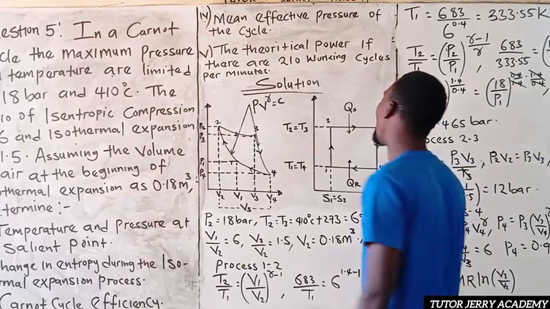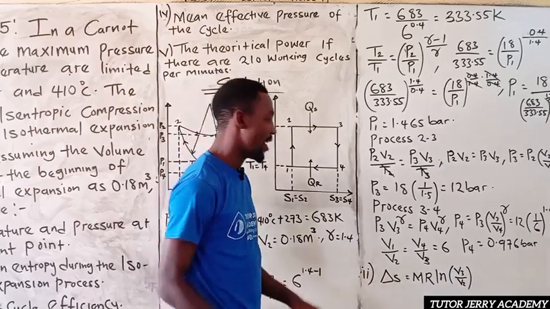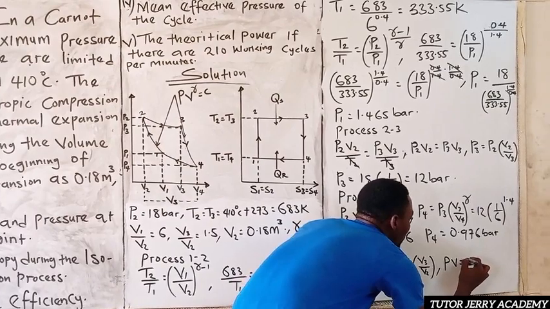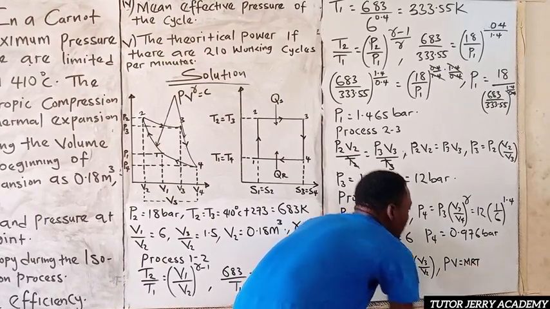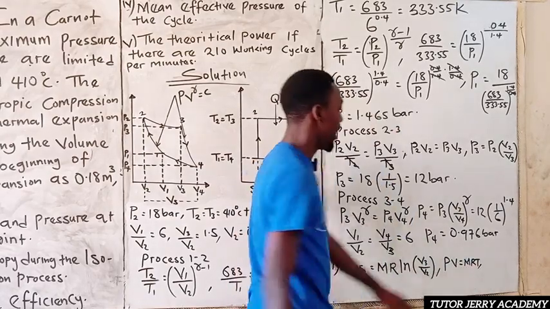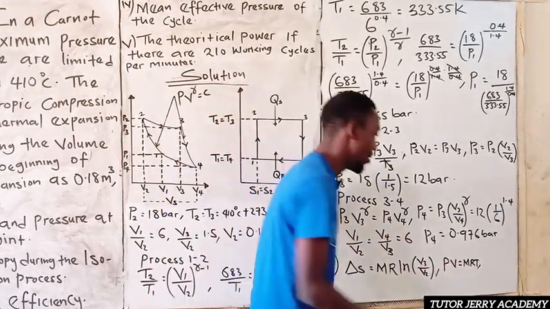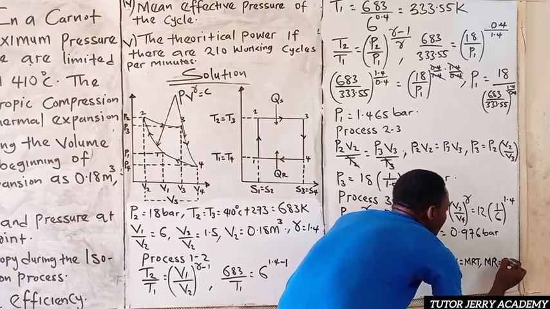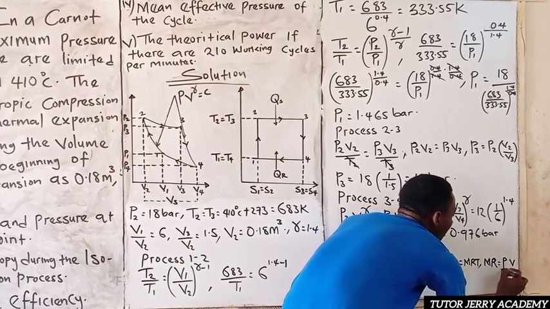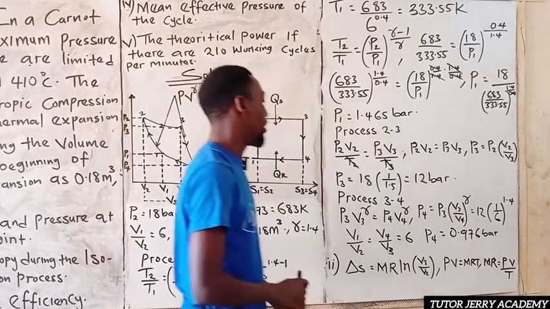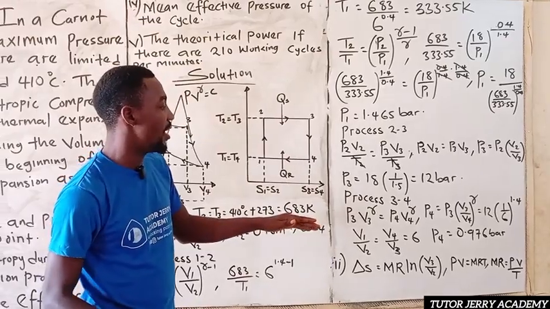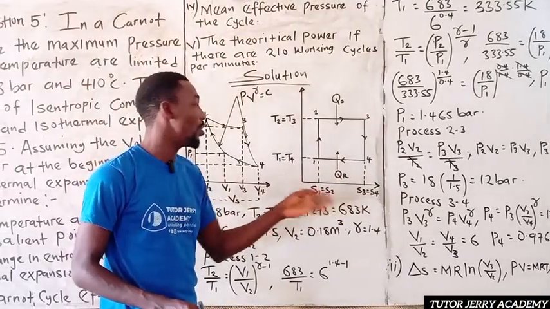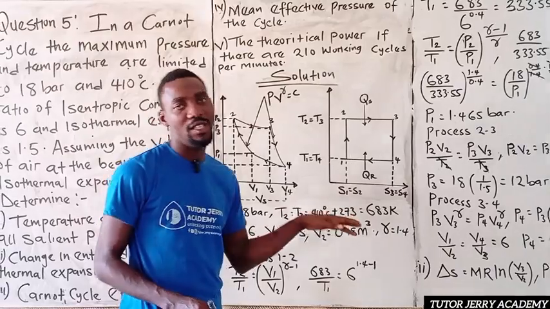You are going to recall from the ideal gas that PV is equal to mRT, right? So now if you make mR the subject here, mR will be equal to PV over T. But don't forget, is this PVT going to be P2 V2 over T2 or P3 V3 over T3?